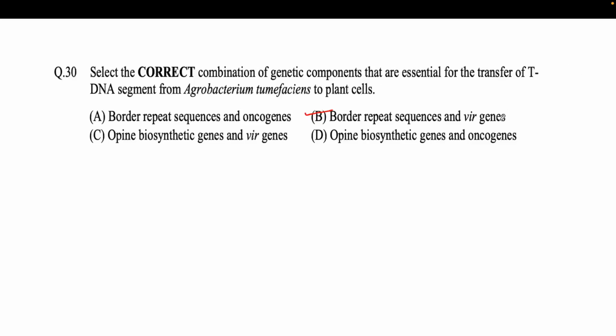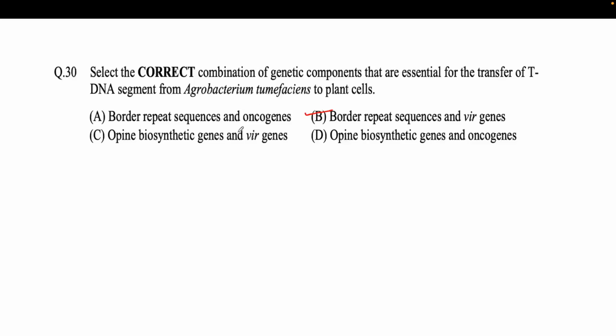Here the tDNA transfer is based on what? The border repeat sequence as well as the VIR genes, because this gene will produce a certain kind of protein which will help to transfer the tDNA from one cell to another cell, and after reaching into the plant cell, this border sequence will cause the non-homologous recombination, so that this tDNA can be integrated into the plant genome.